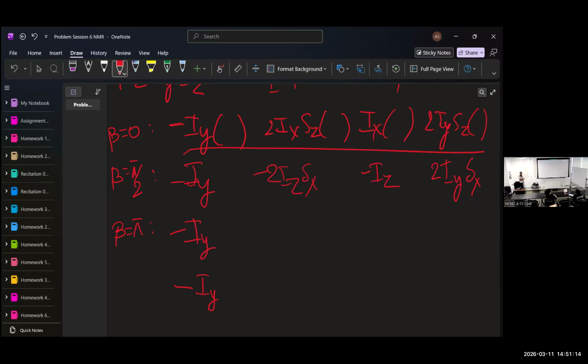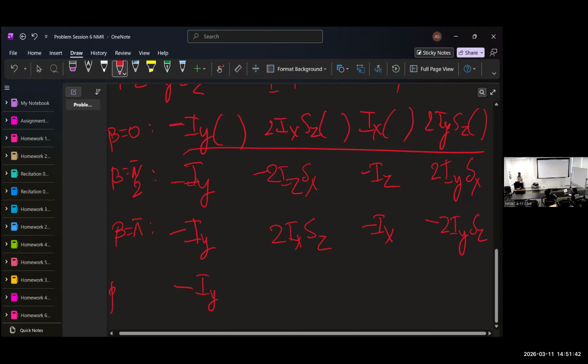So 180y on 2IxSz gives minus 2IxSz, and Ix goes to minus Ix, and 2IySz stays. 270y is equivalent, of course, to 90 minus y.